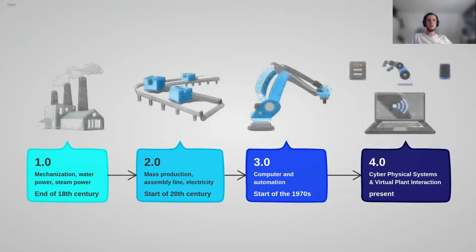The next step was in the beginning of the 20th century with the first assembly lines and the first electricity being used. We can see this in the first automotive mass production done by Ford.